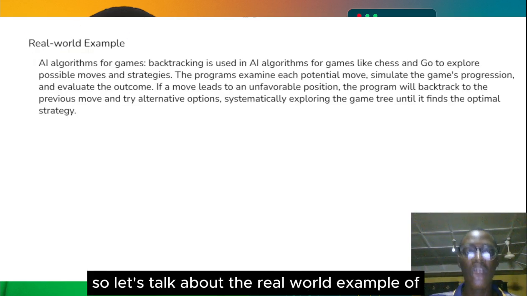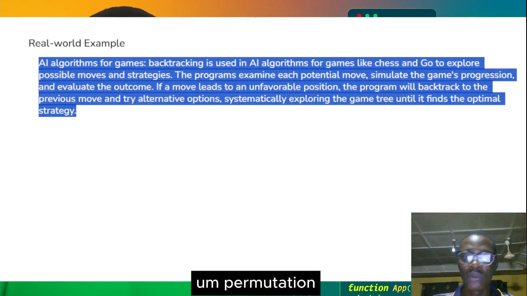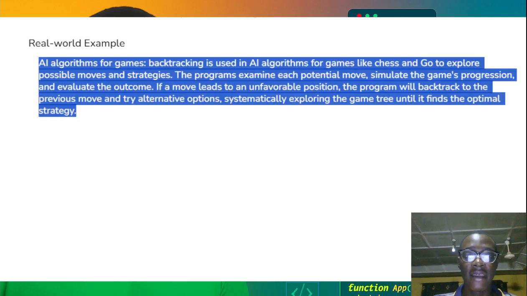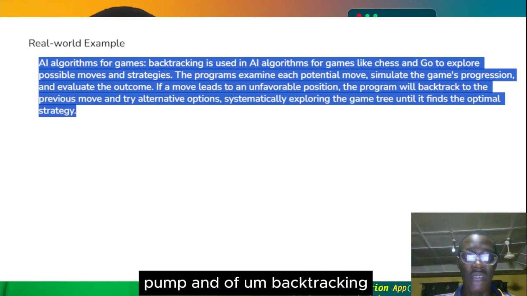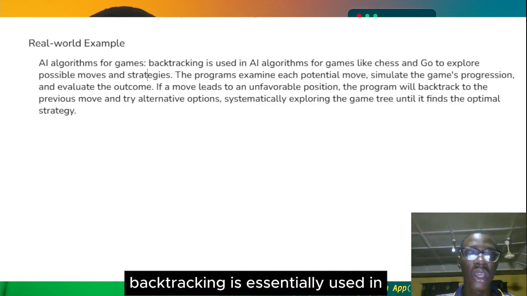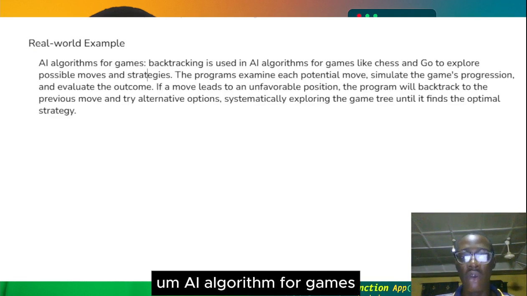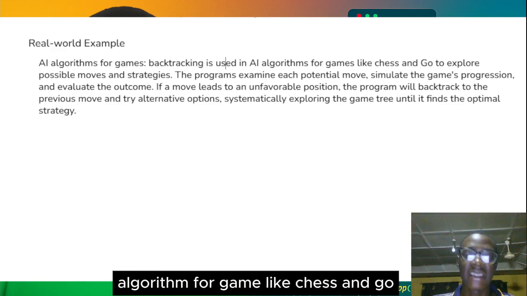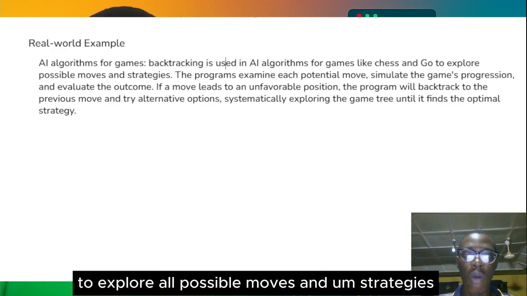So let's talk about a real world example. Backtracking is essentially used in AI algorithms for games. Backtracking is used in AI algorithms for games like chess and Go to explore all possible moves and strategies.